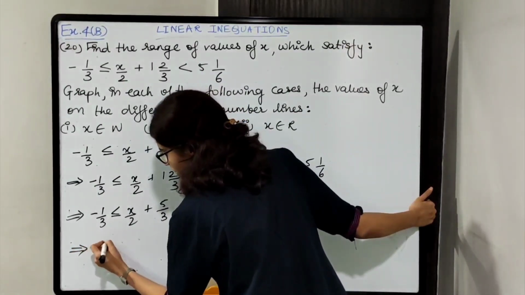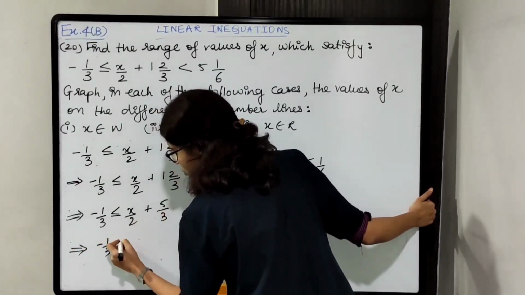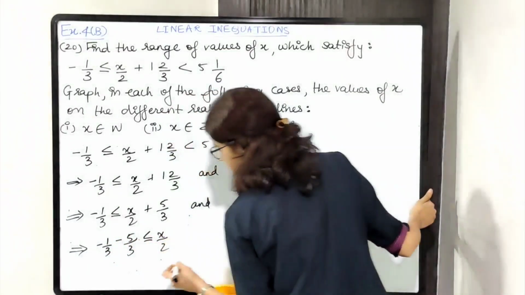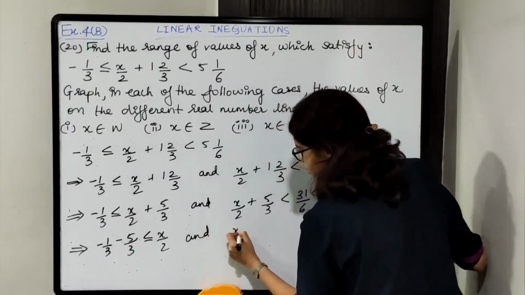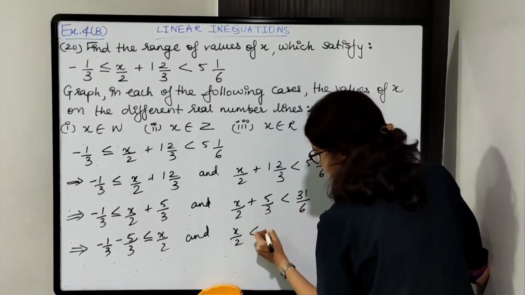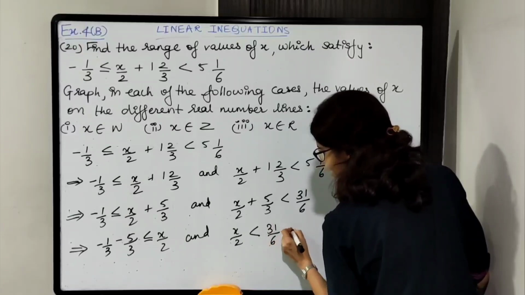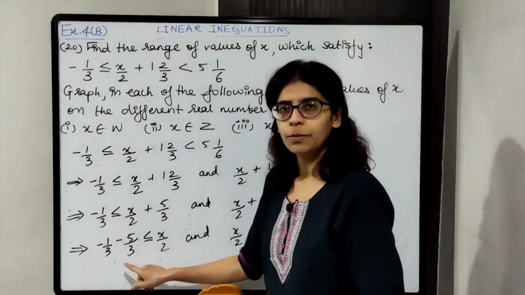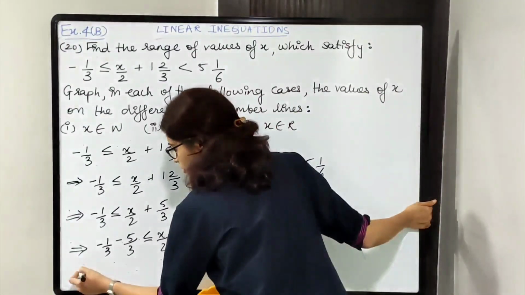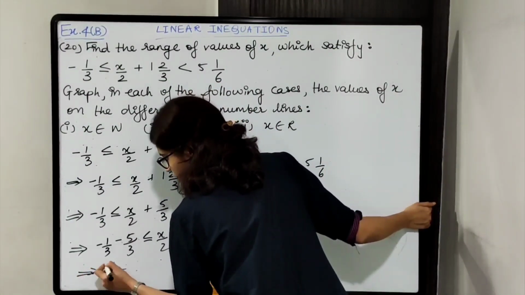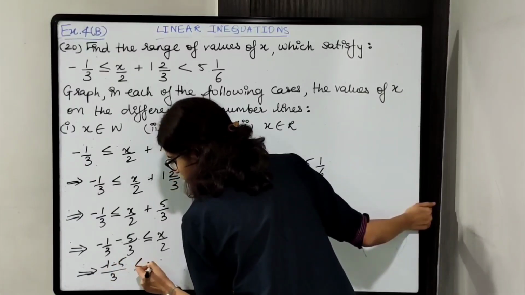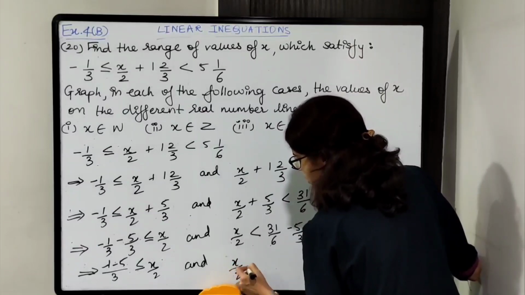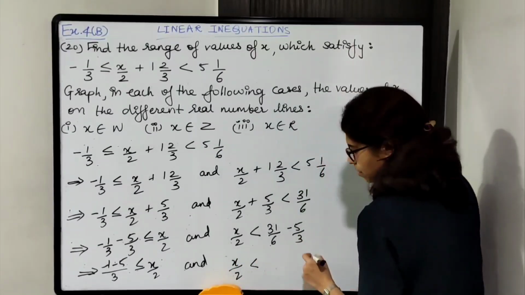So minus 1 by 3, shifting this to the other side, becomes minus 5 by 3, less than or equal to x by 2, and x by 2 as it is, we'll shift the number to the other side, less than 31 by 6 minus 5 by 3. Here we can take a common denominator. The denominator is the same, so we can take it common. Minus 1 minus 5 less than or equal to x by 2 and x by 2 is less than, here we'll take LCM, so multiply by 2.